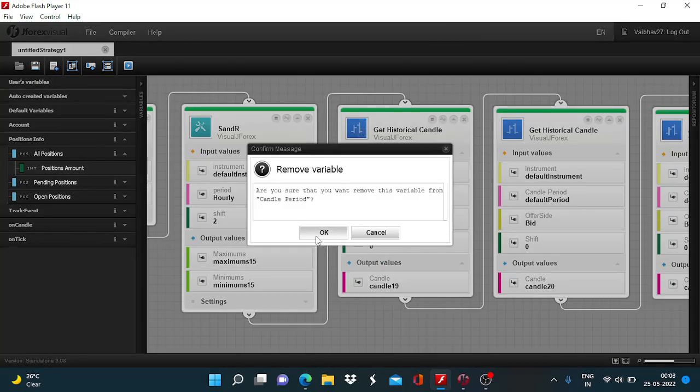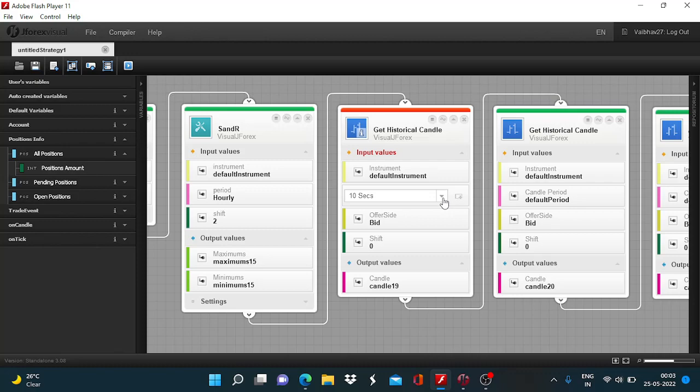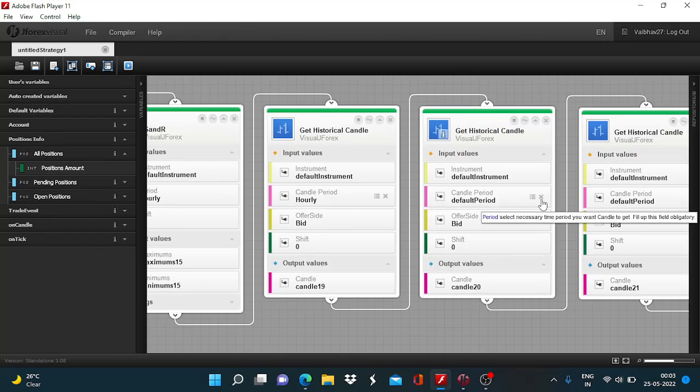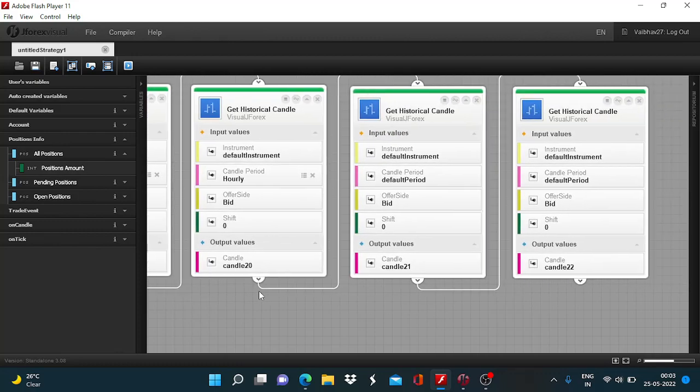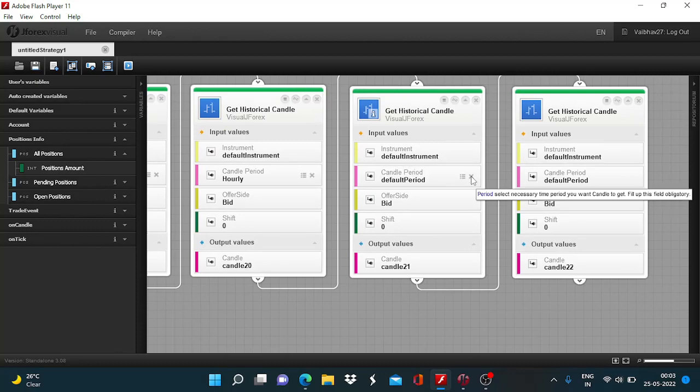Default period I will change to hourly. This will also be changed to hourly, and later on we change it to 10 seconds.